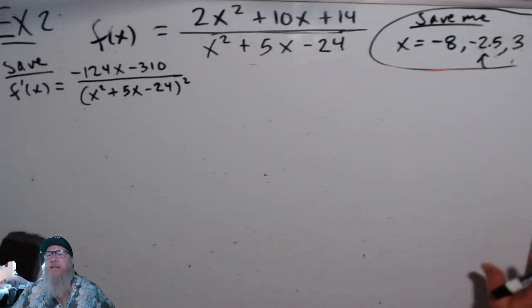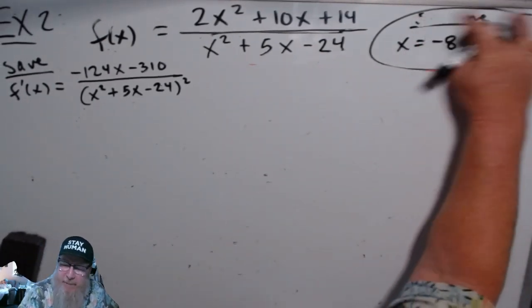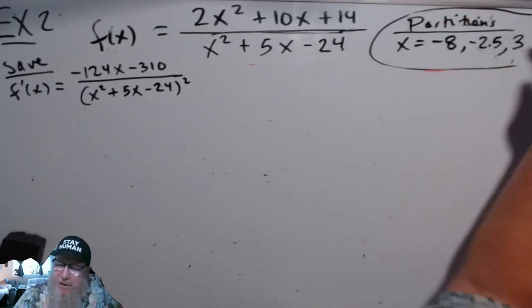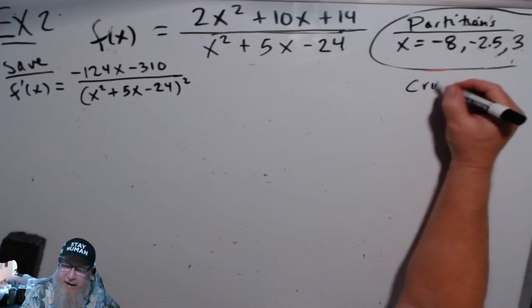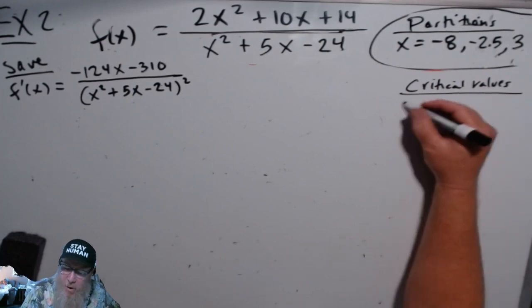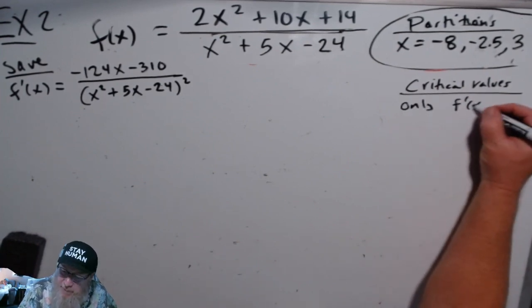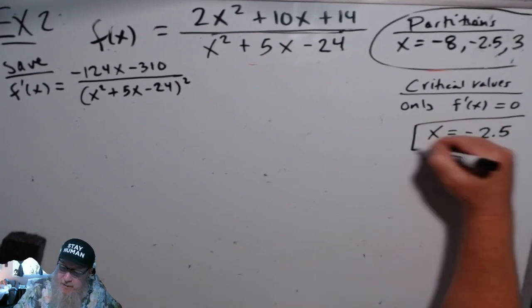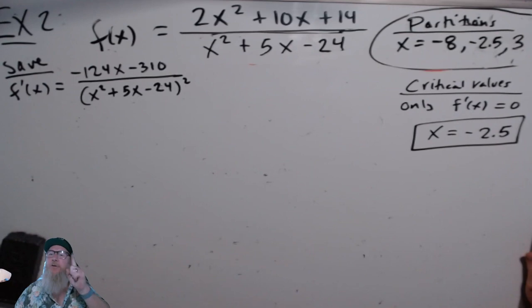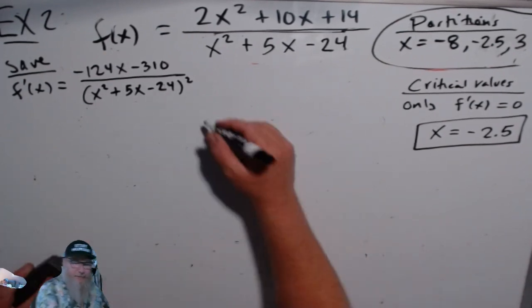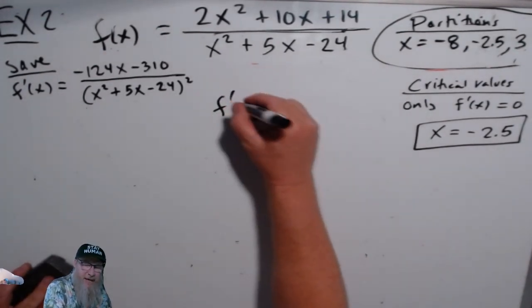Okay, so we've got our partition numbers. Now remember, partition numbers are a larger collection than the critical values. The critical values are only the f prime of x equals 0 values. So we only have one critical value. All right, so now we're going to do our test. This is the first derivative test.